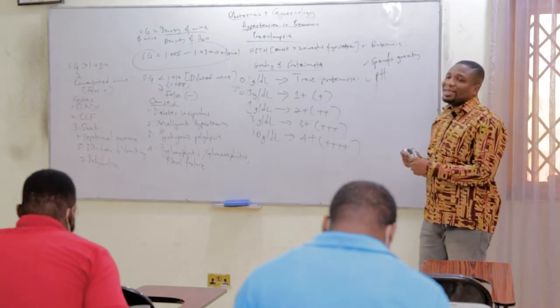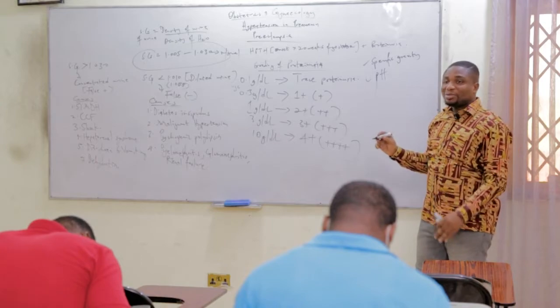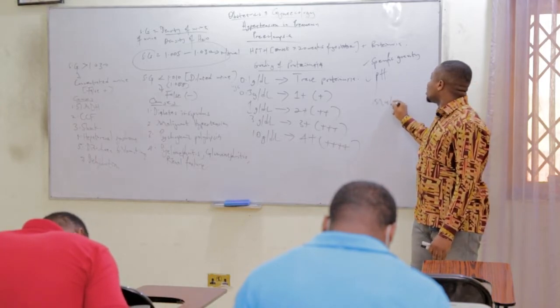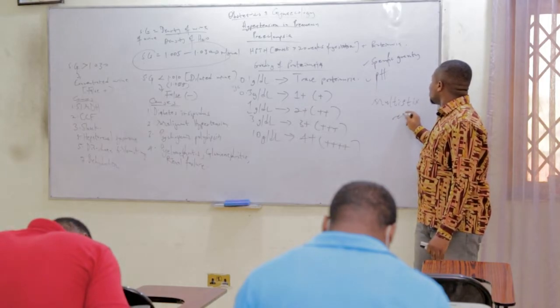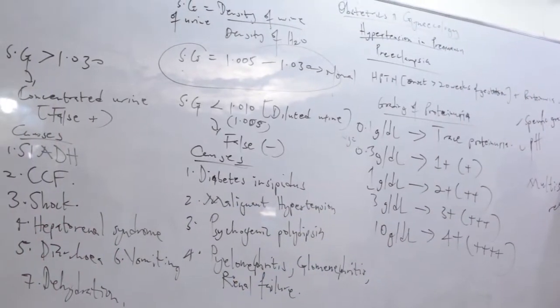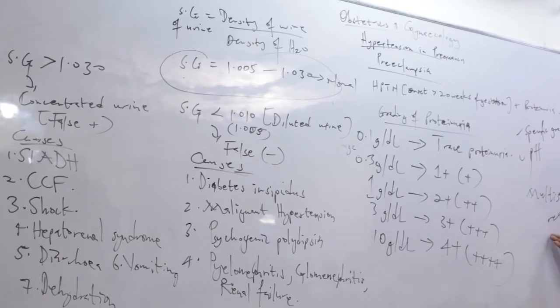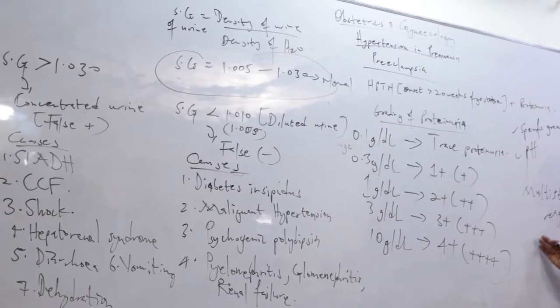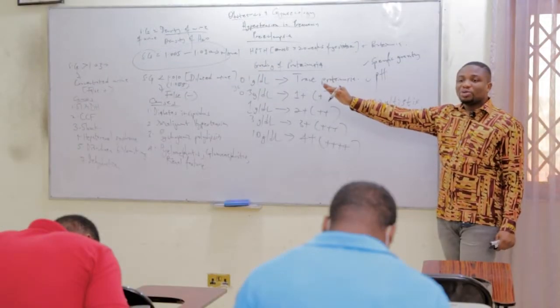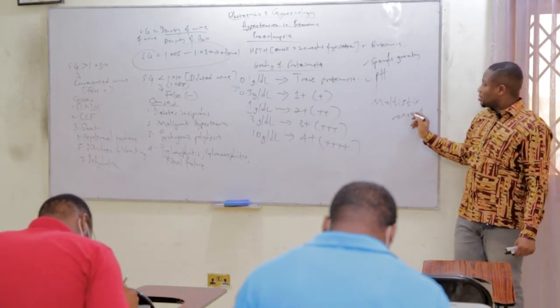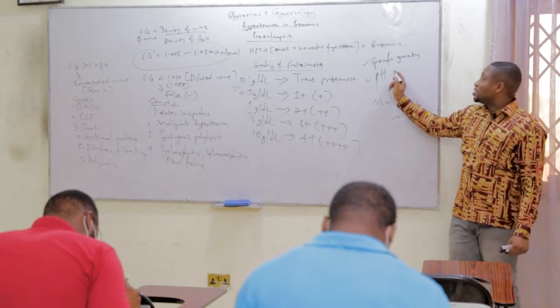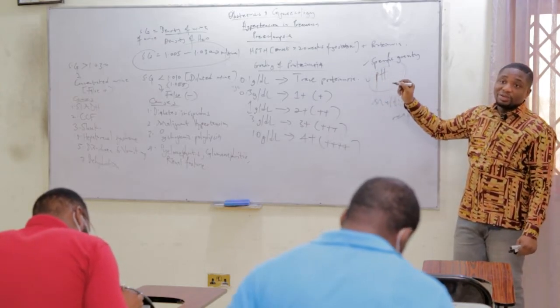Because of that, there has been a special type of dipstick, we call it the multi-stage reagent. So you should use a urine dipstick with multi-stage reagents to reduce the incidence of false positives and false negatives. Why? Because the multi-stage reagent takes into consideration the pH, which is very important.